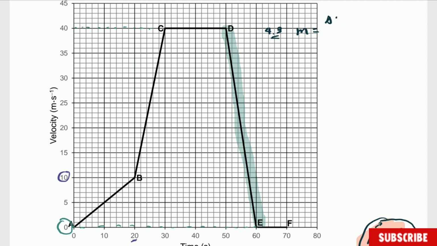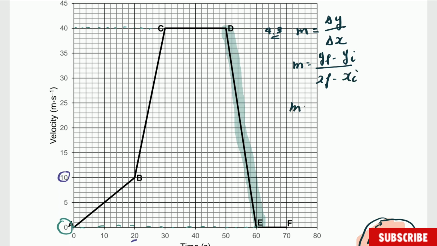The gradient is change in y-axis divided by the change in x-axis. So the gradient is equal to final y minus initial y divided by final x minus initial x.